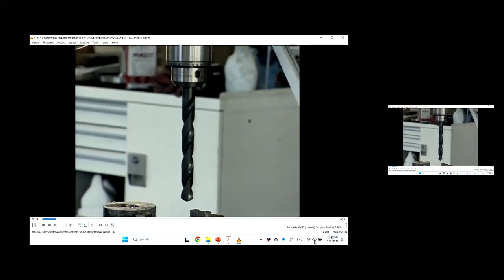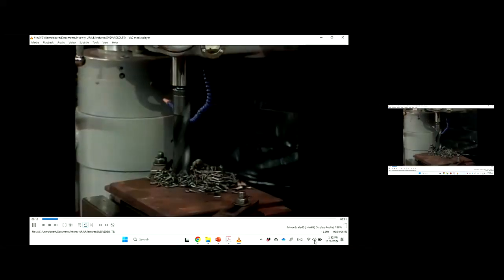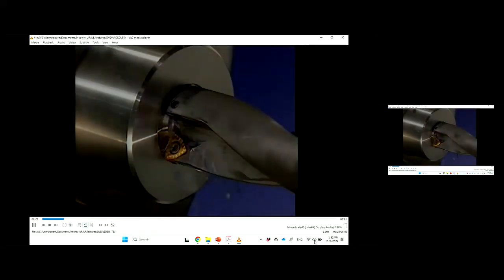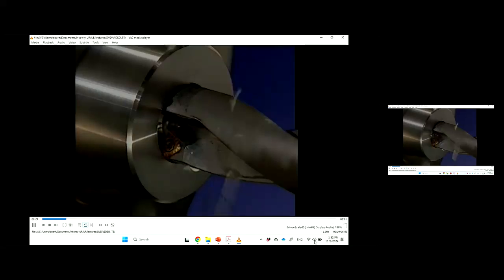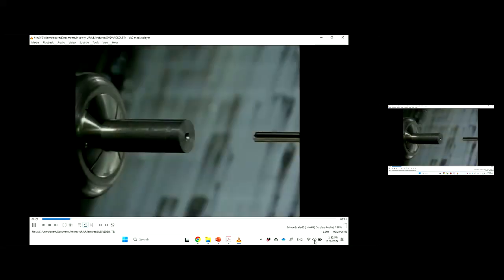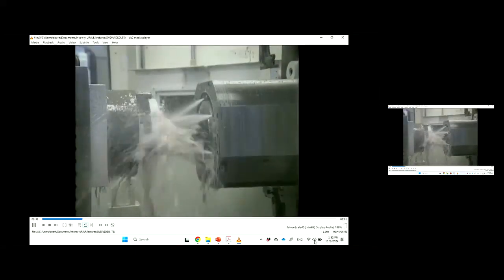Drills with two edges and flutes are by far the most common. Drill types include helically fluted twist drills made of either high-speed steel or carbide, and indexable insert drills, which have steel bodies with one, two, or more carbide inserts. Carbide drills are stiffer than high-speed steel drills, so deflection is less, cutting speeds are faster, and holes are more accurate. Carbide drills are especially useful in hard or abrasive materials.